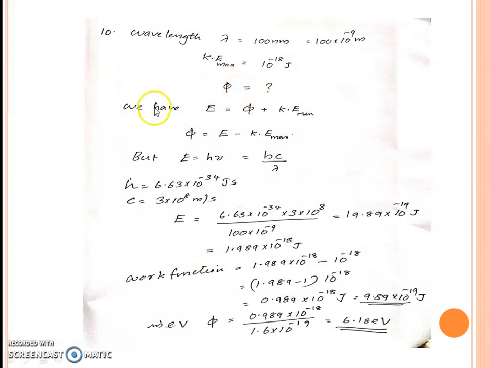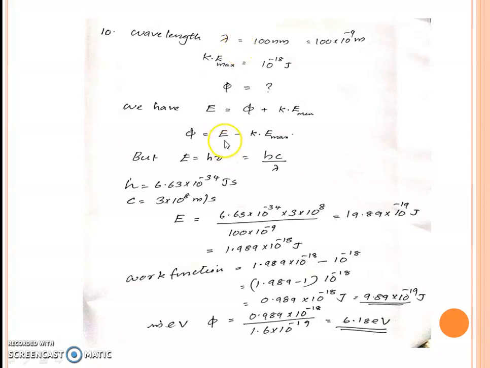So, we have the Einstein photoelectric equation E equal to phi plus kinetic energy maximum. To calculate phi, we can rearrange this equation as E minus kinetic energy maximum. E is not given, but lambda is given.